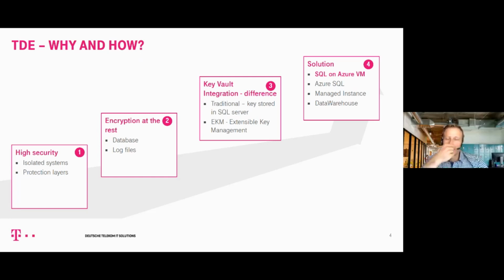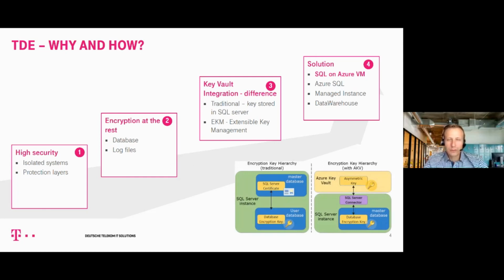When the data is read from the disk and loaded into memory, it's decrypted by the engine, and then it's available for reading by DBAs or anybody else for a certain task. When it's written back to the disk, it's encrypted again. This is in a nutshell how it works.